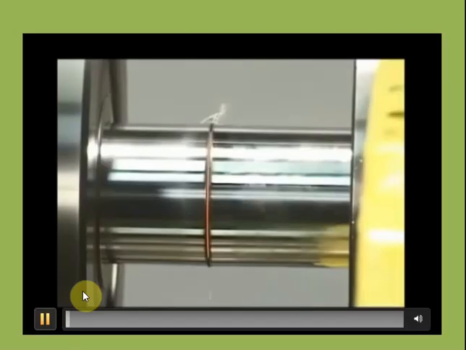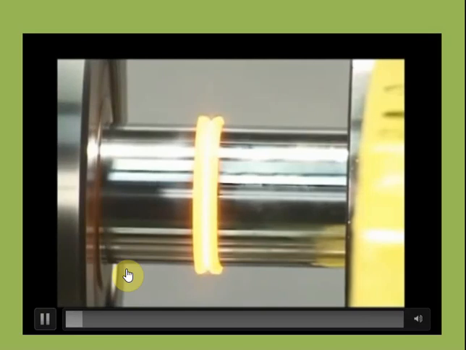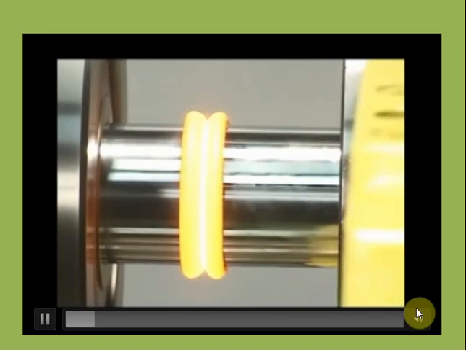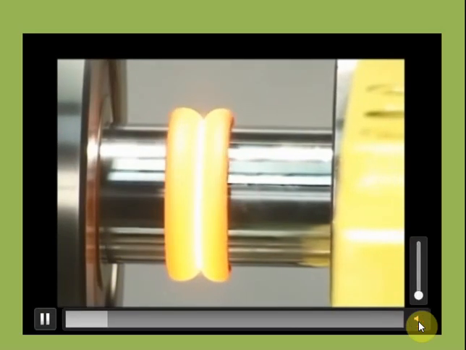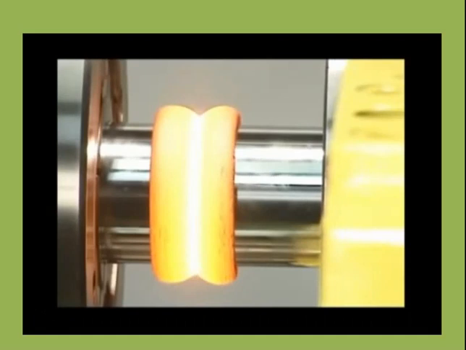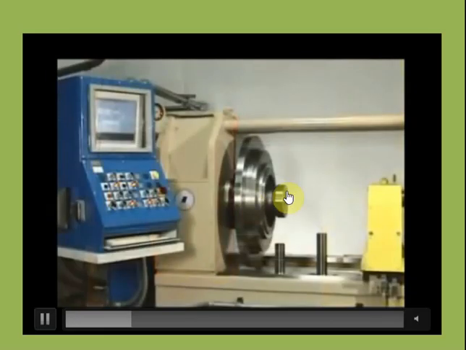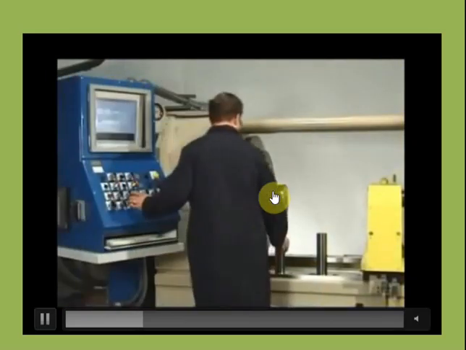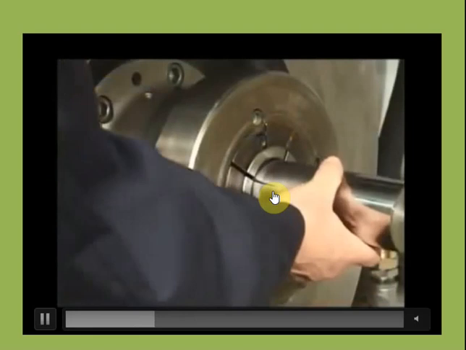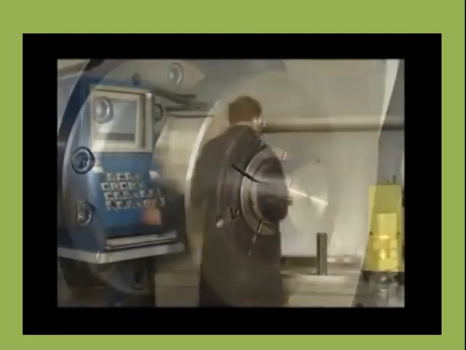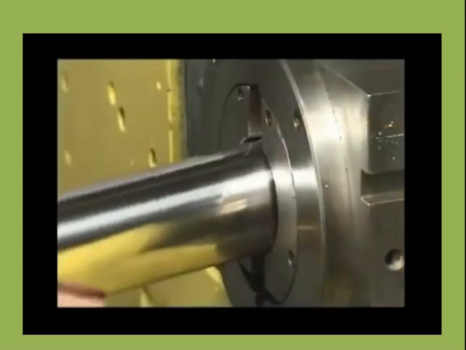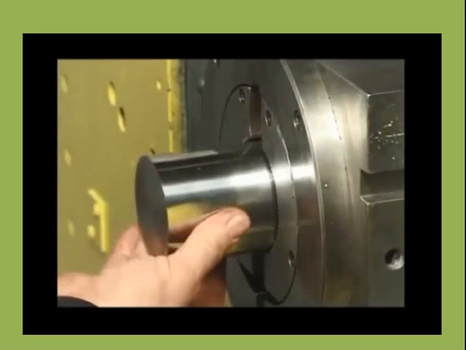Now we will see a video related to this. Basically, by forcing together the pieces to be joined, with rotary motion and pressure. Here we can see one side is rotating. This is a rotating chuck. One workpiece is kept inside the rotating chuck, the other workpiece inside the stationary tailstock.